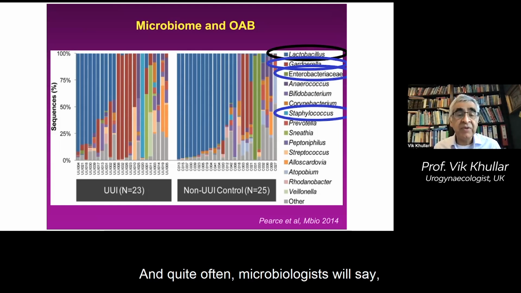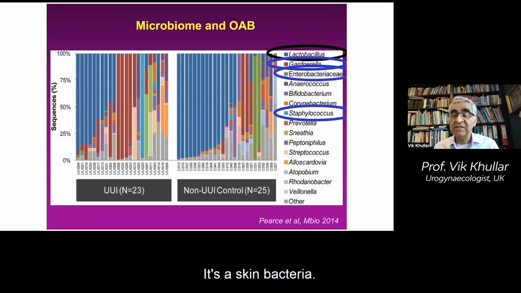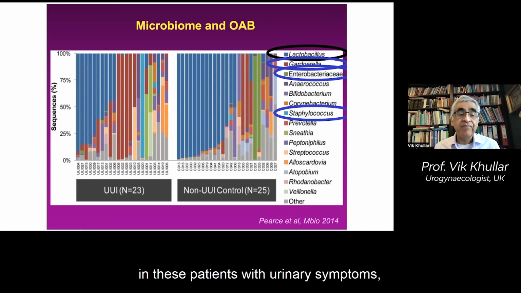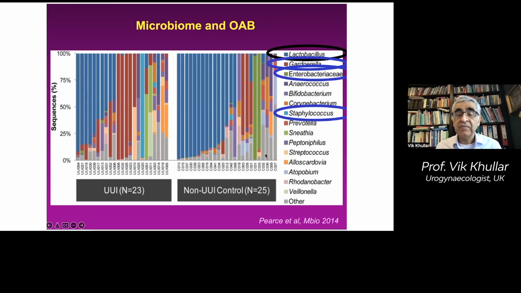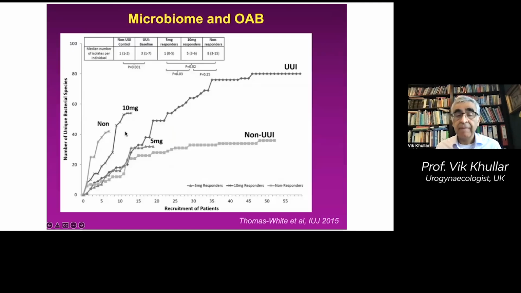Quite often, microbiologists will say, oh, this is a contaminant, it's a skin bacteria. Sadly, that's not true in these patients with urinary symptoms. We see staphs and streps in these bladders.